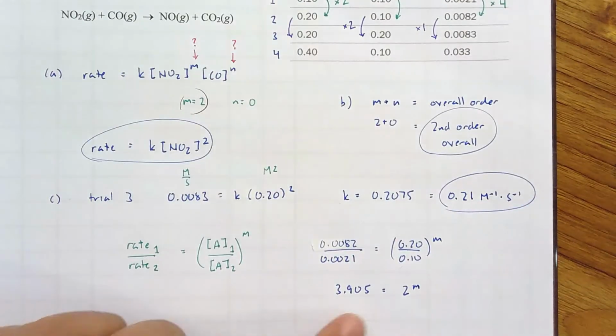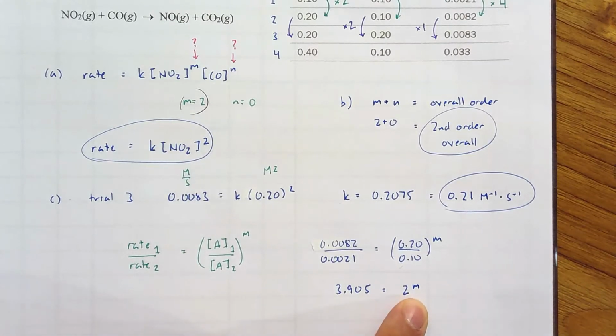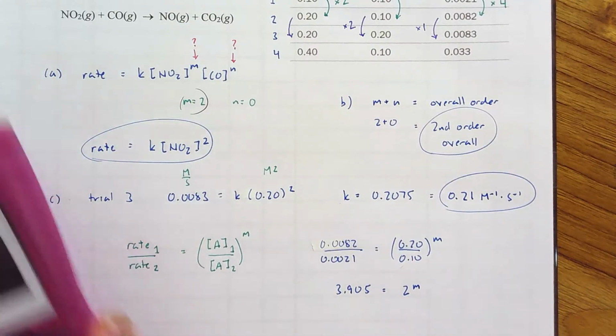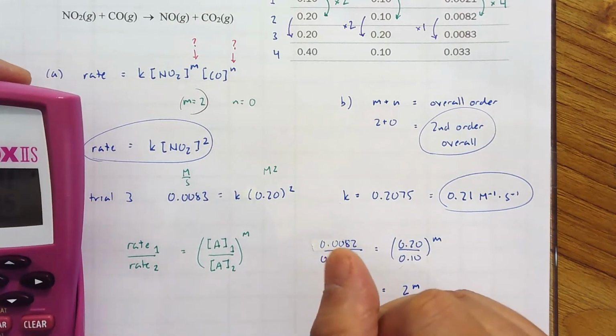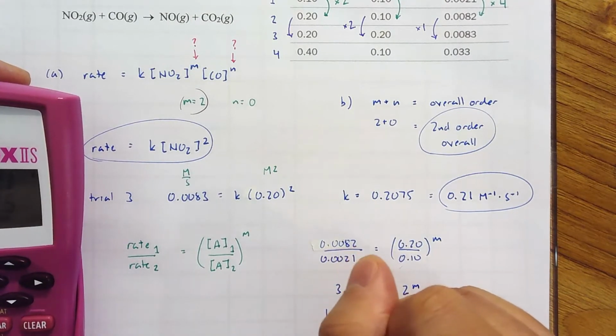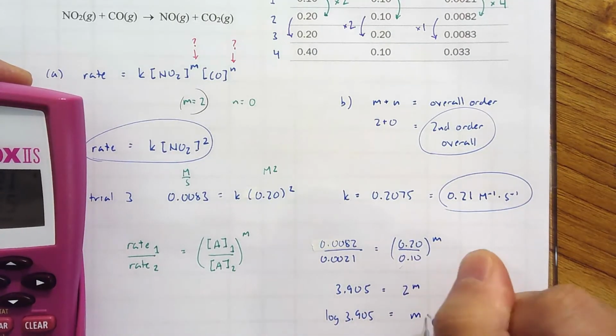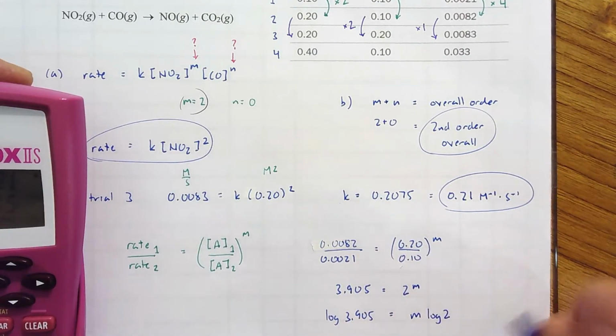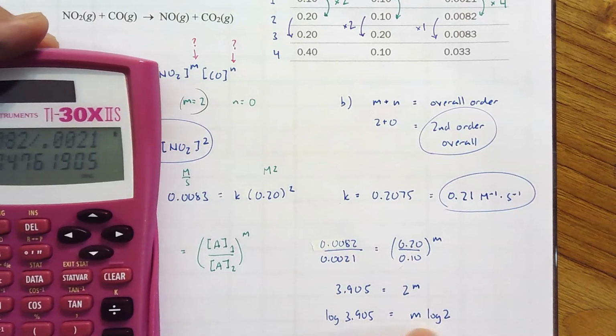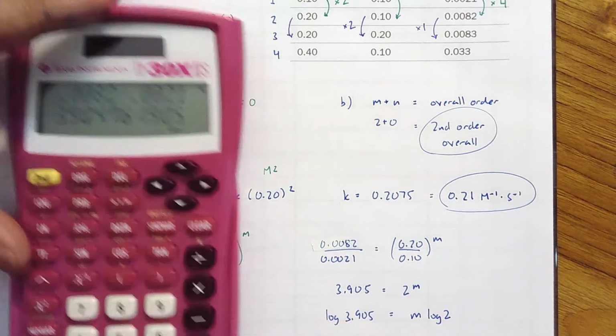So yeah, it's close to 2. 2 to the 2 is 4. But how do we do this mathematically? It's the log of 3.905 equals m times the log of 2. So we'll calculate the logs, or we could do this directly.